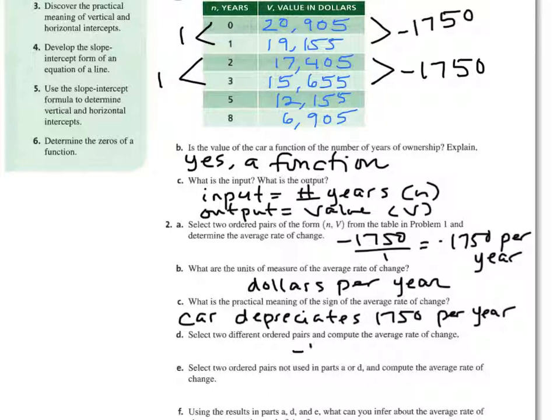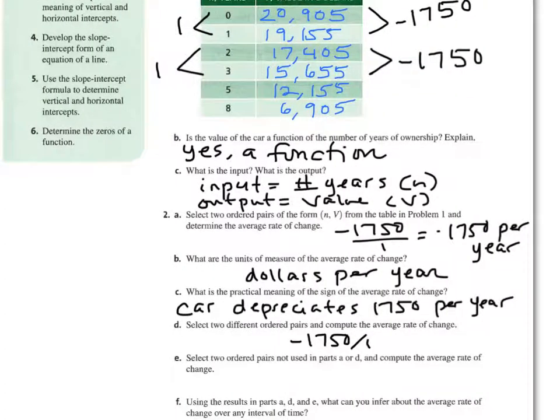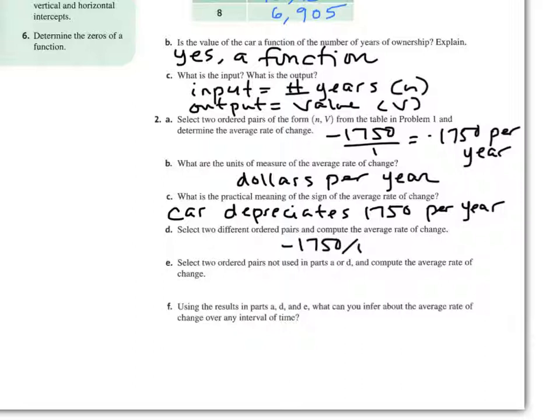So same thing, 1750 per 1 year. Select two more ordered pairs not used. If I use another two sets of ordered pairs, that's going to be the same thing. It's going to keep reducing by the exact same amount. So if I take another set of ordered pairs, I'll end up getting negative 1750 per year.